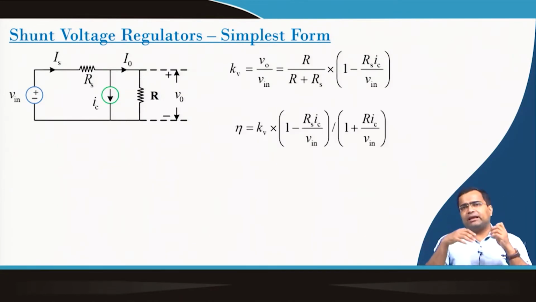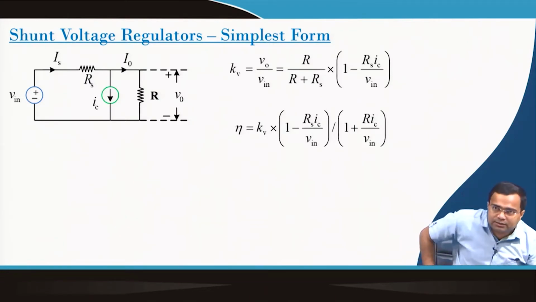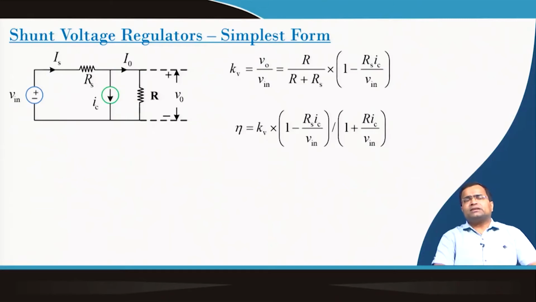So, the efficiency can be shown to be even lower than the series voltage regulator, but because of this current shunt path, it gives an additional degree of freedom, and that helps to improve the voltage regulation while dealing with a wider range of load current.